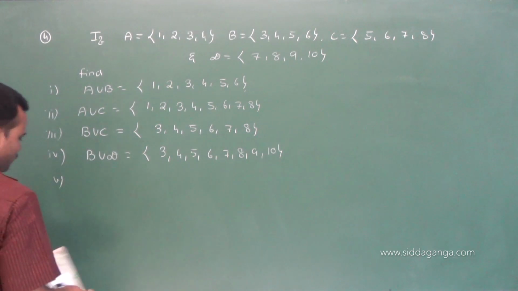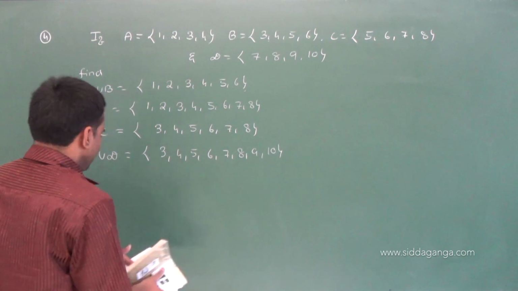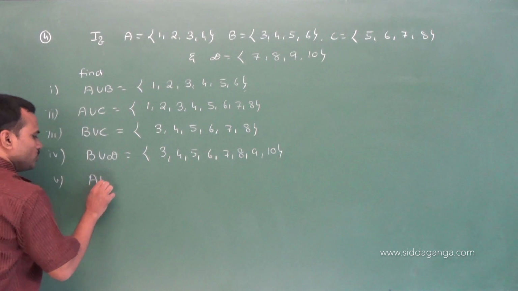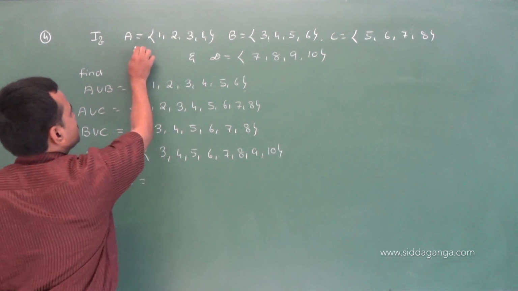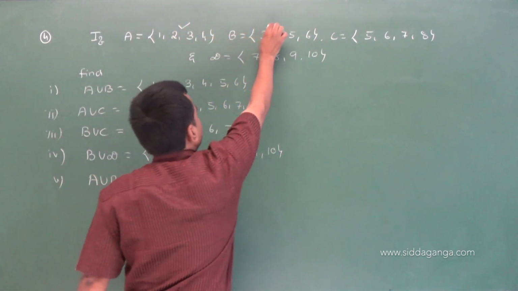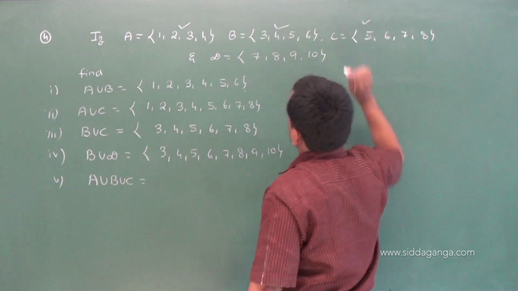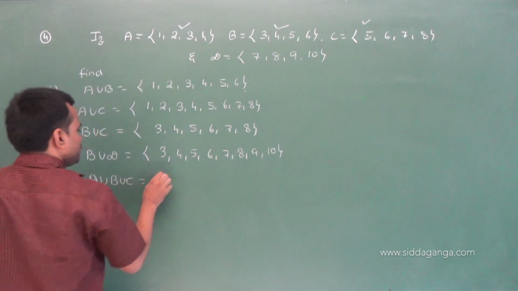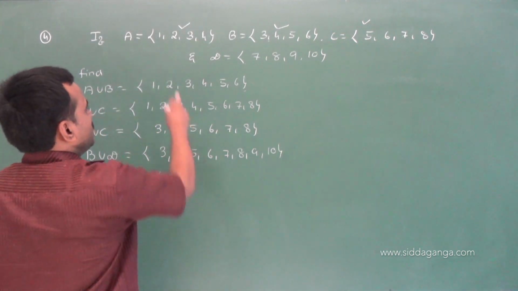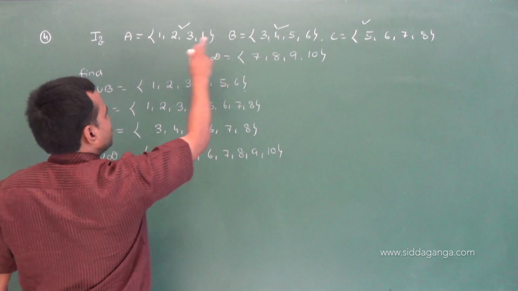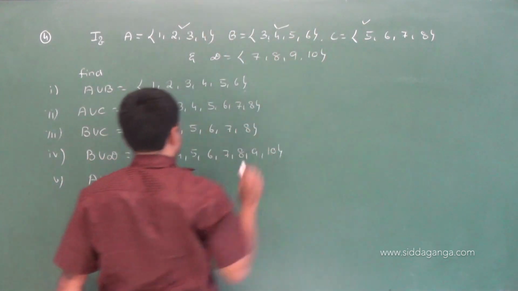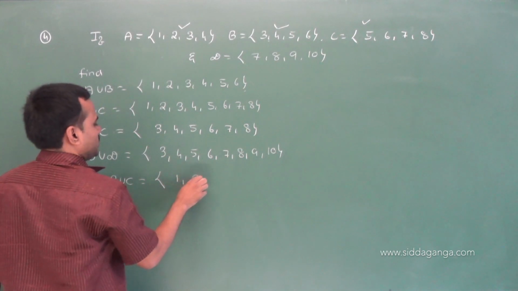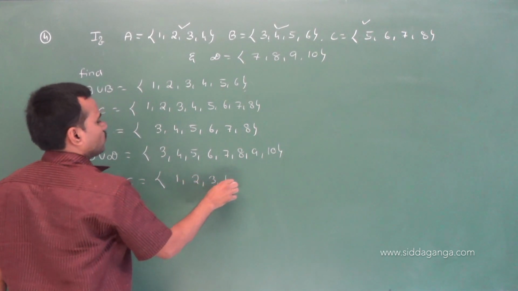Fifth question, A union B union C. We combine these three sets. The elements which are present in A, as well as B, as well as C. A elements are 1, 2, 3, 4.